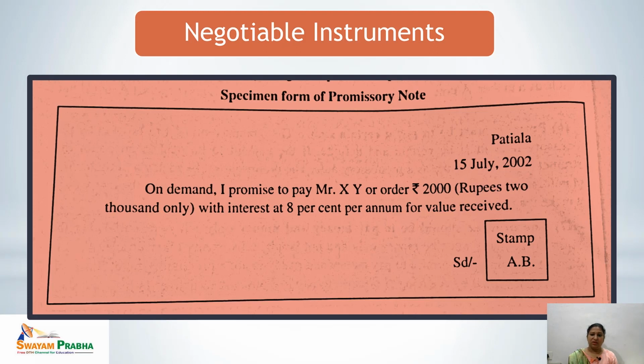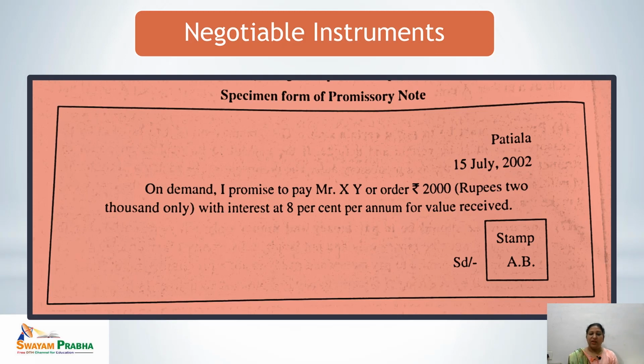We can see here, it is very clear that the place is mentioned on the top, that is Patiala. The date is mentioned, 15th July 2002. That means it is the date on which it was created, framed. So the wording: on demand, I promise to pay Mr. X, Y or order rupees 2000 with interest at 8% per annum for value received.